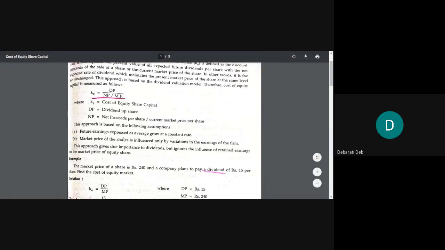Then you write where KE equals to cost of equity share capital. Then you write DP equals to dividend per share.